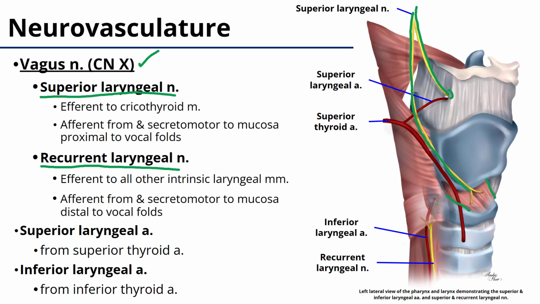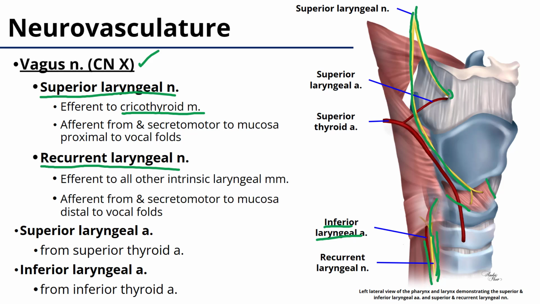Whereas the recurrent laryngeal nerve will exit the vagus and on the left side wrap around the concavity of the aorta, or on the right side wrap around the right subclavian artery, and then either of these sides will ascend the neck in the tracheoesophageal groove adjacent to the inferior laryngeal artery, where it continues on to innervate all other intrinsic laryngeal muscles, so everything with the exception of the cricothyroid muscle.